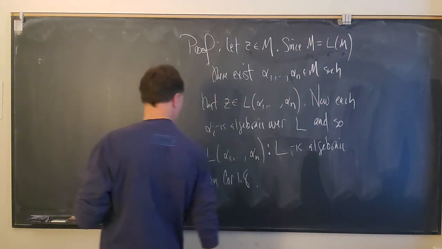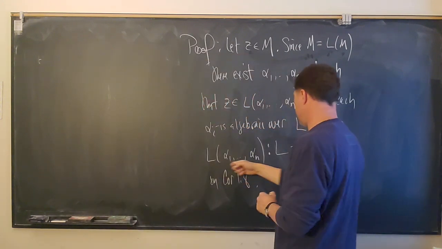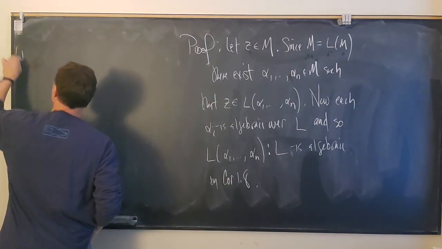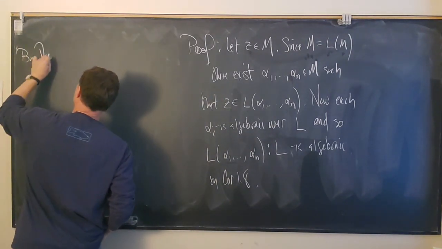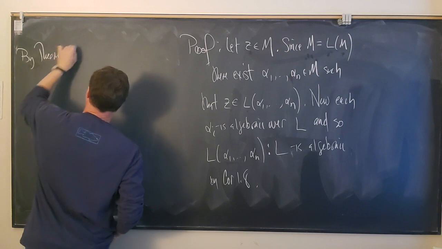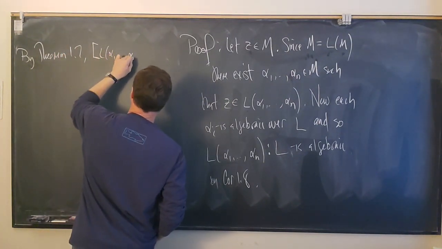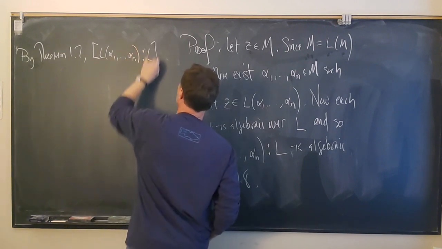Okay, so if it's algebraic, then this extension has finite degree. So by theorem 1.7, the degree of L adjoin alpha 1 up through alpha n over L is finite.